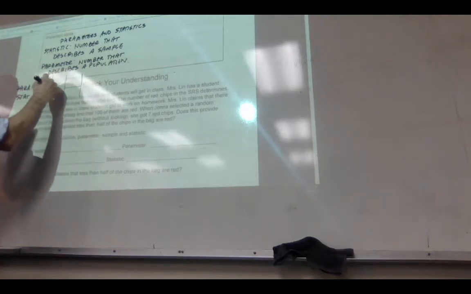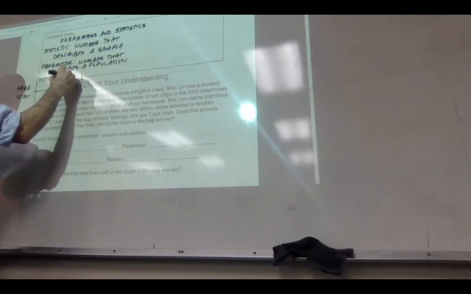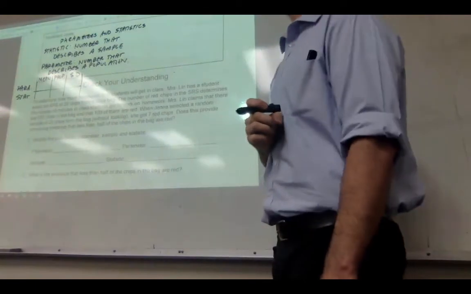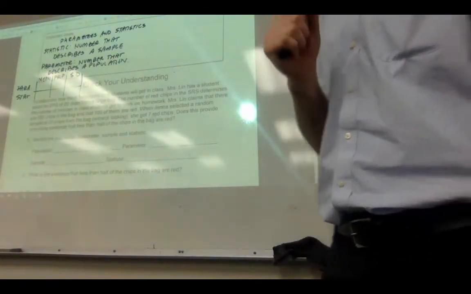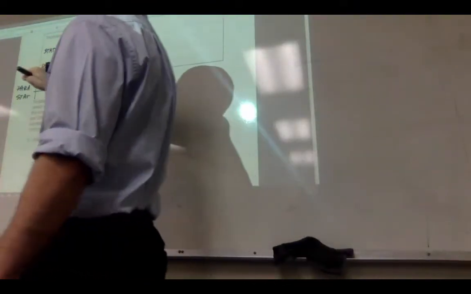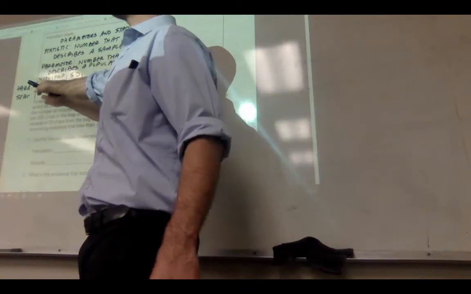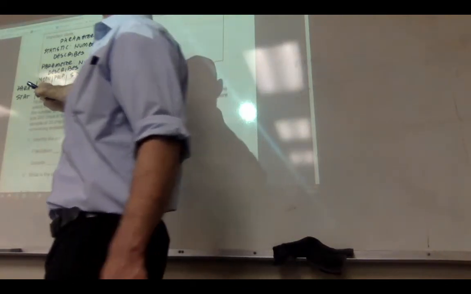The second one's going to be a proportion. The third one is going to be standard deviation. When we talk about the mean in terms of a parameter, we already talked about the symbol. So what was the symbol that we used to describe the mean of a population?